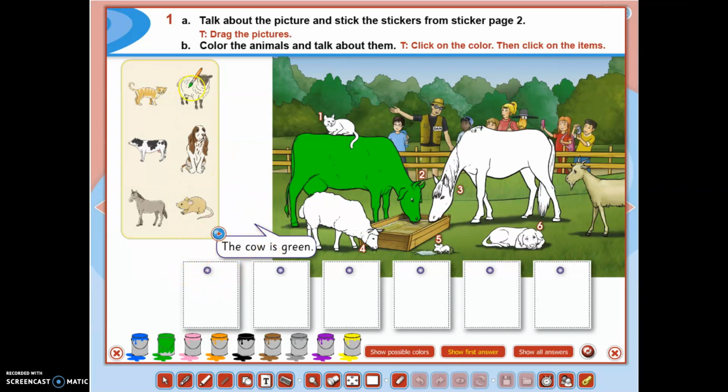Okay. Let's continue. Horse. The horse is brown.